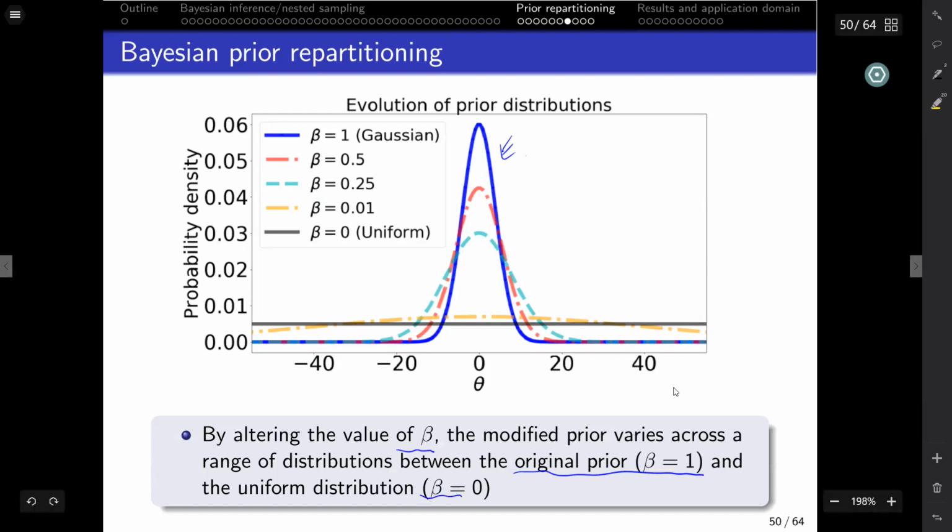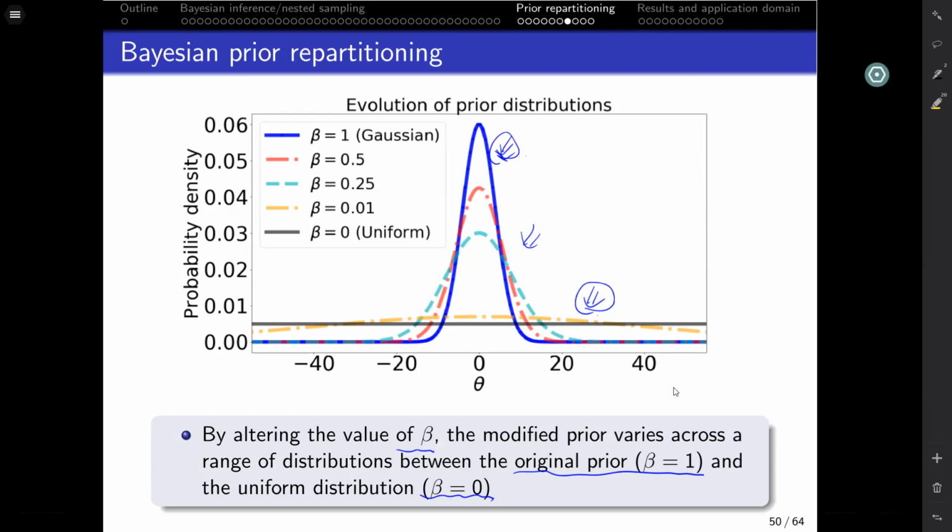If we keep beta equal to 0, that means we don't really have any knowledge of the prior, and that's just a flat uniform. So we are trying to find a proper prior distribution between these two, the Gaussian one and the very flat one, that can efficiently compute the posterior while avoiding the unrepresentative prior issue.